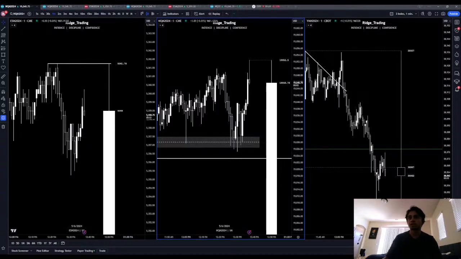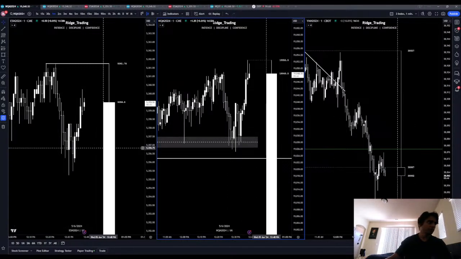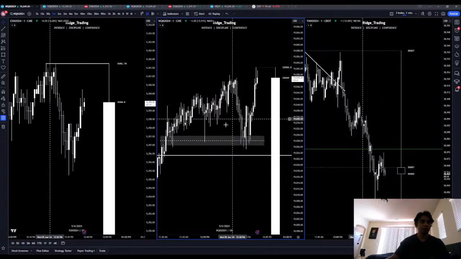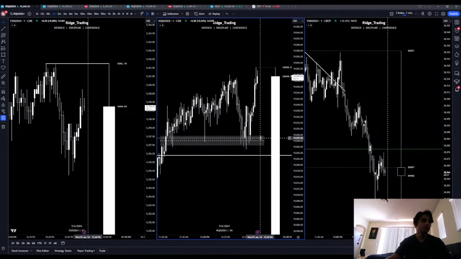Let's see, can I show? Yeah, decent trade. I know I didn't really alert that, but hopefully the bias I gave, maybe someone got into that trade.